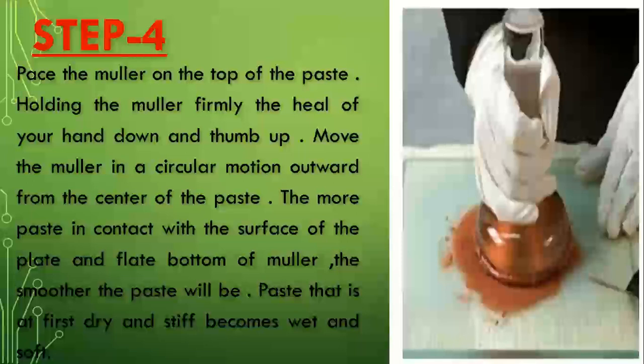With the muller, we grind the pigment and oil that is present on the non-flat palette at a specific amount, and we move in a circular form to mix it properly. At first the paste will be hard, but if we require a large amount of paint, depending on our requirement, then we add oil and pigment.